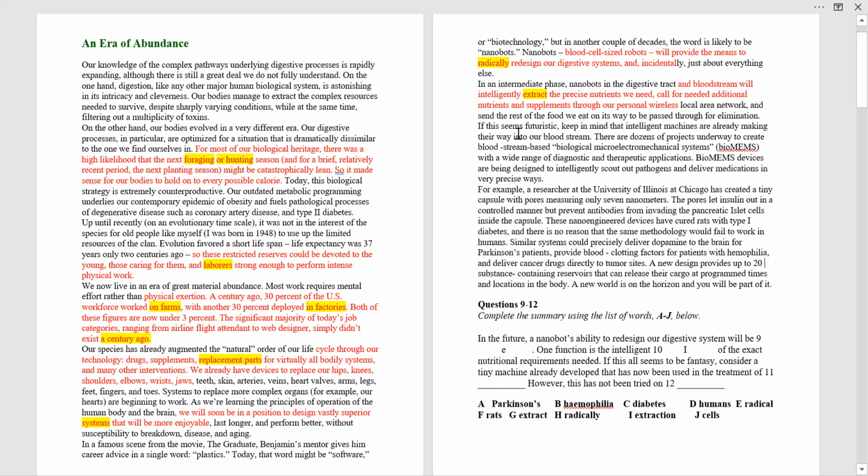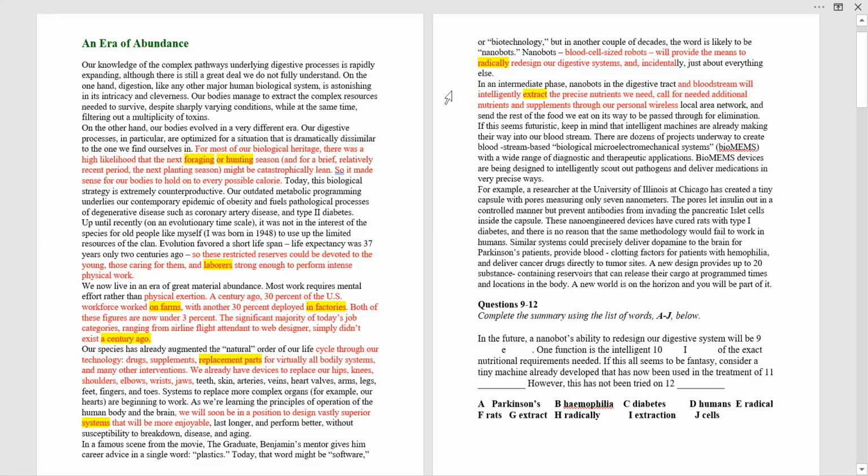So let's see. If it seems futuristic, keep in mind that intelligent machines are already making their way into our bloodstream. There are dozens of projects underway to create bloodstream-based biological micro-electromechanical systems with a wide range of diagnostic and therapeutic applications. These biomedical devices are designed to intelligently scout out pathogens and deliver medication in very precise ways, right?